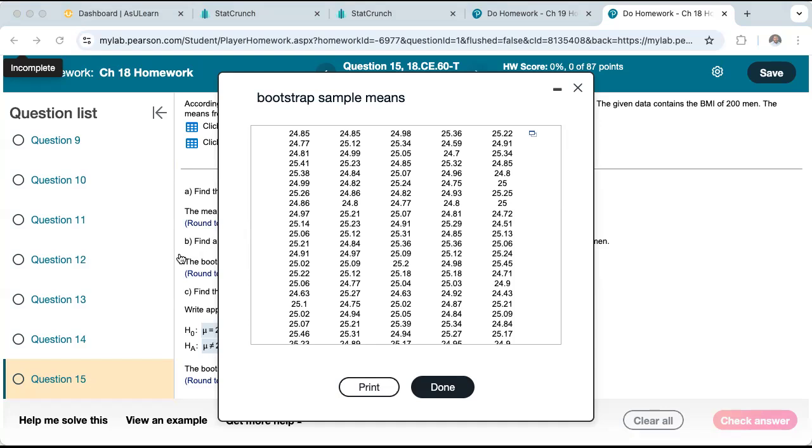Okay? Plus, the next step is we are going to count all that are greater than or equal to 25.08, which is the sample mean.